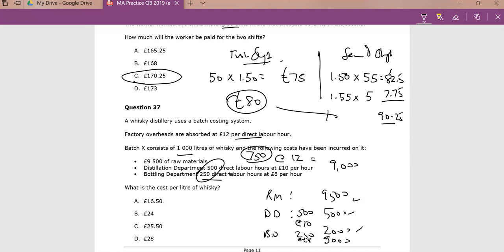That gives us 25,500, and we made 1,000 liters. So the total cost here is 25,500, which comes to £25.50, taking us nicely into C. Okay, great.